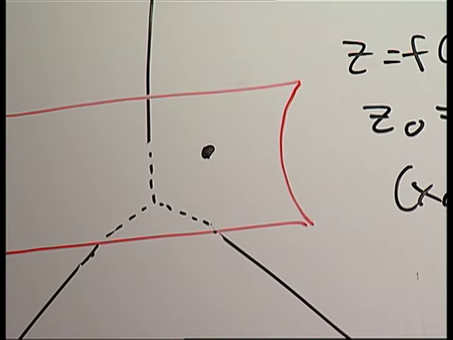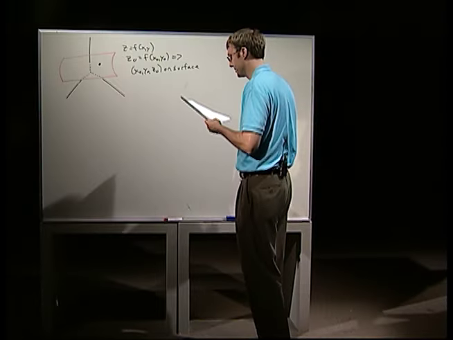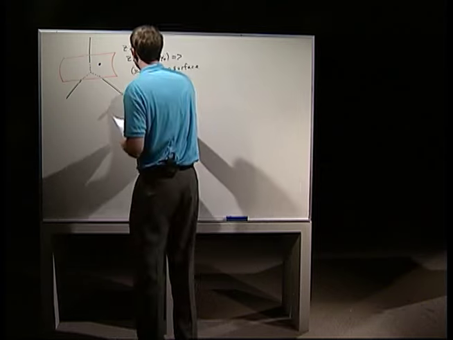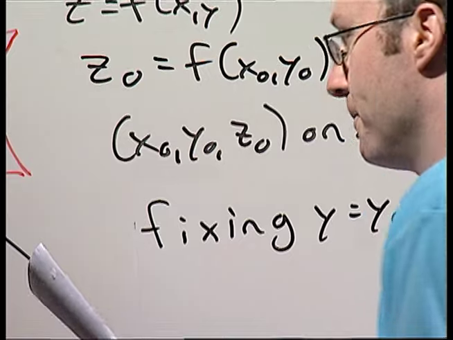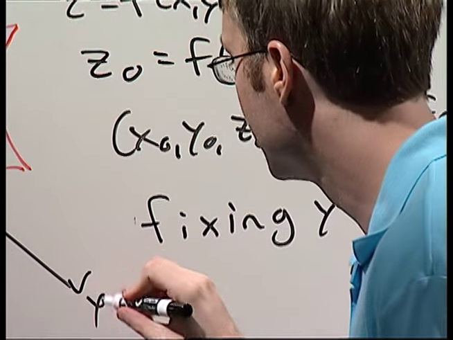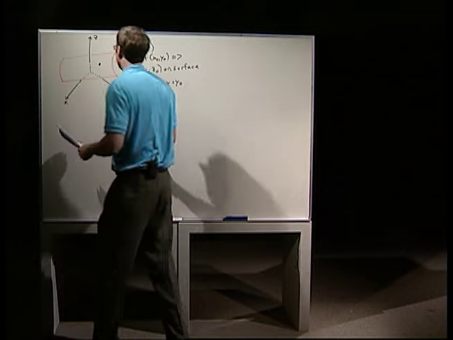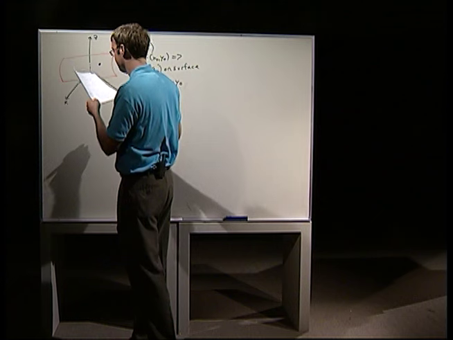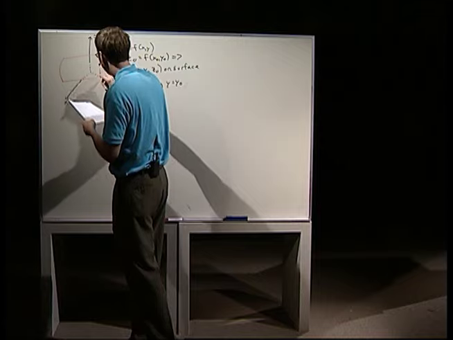Okay, now, what do I want to do when I look at a partial derivative? I want to fix the value of one of the variables. So let's start by fixing y. Let's fix y equals y naught. So there's the y-axis. There's x, z. Let me extend this down slightly.